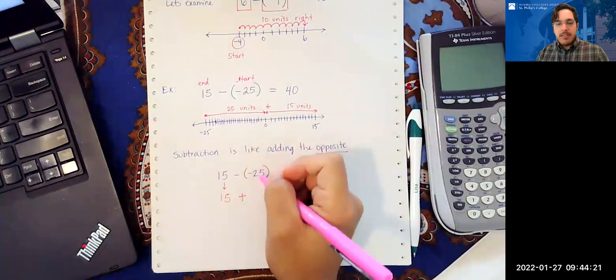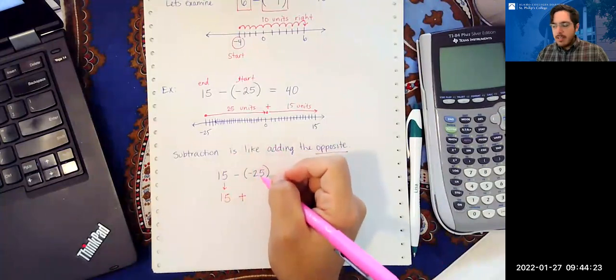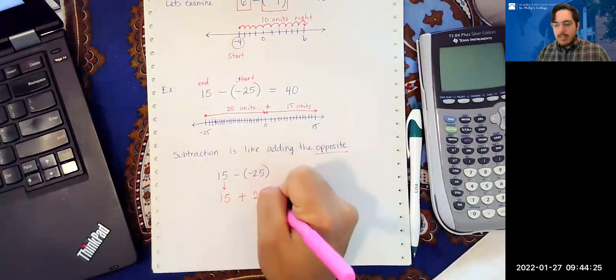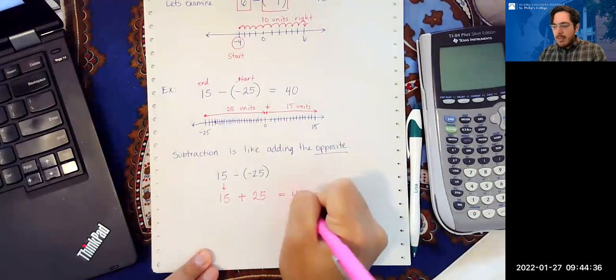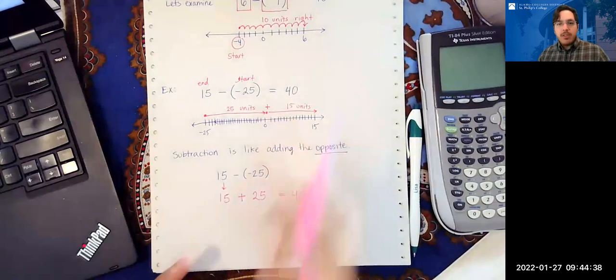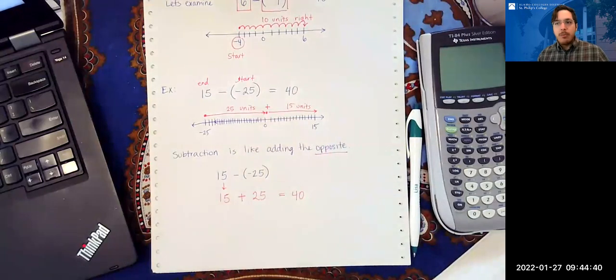What is the opposite of negative 25? It's positive 25. So now if we look at this problem, we're adding two positive numbers, and that's a lot easier to work with. That way we get 40, which is the exact same answer that we should have gotten for the problem as it was originally written.